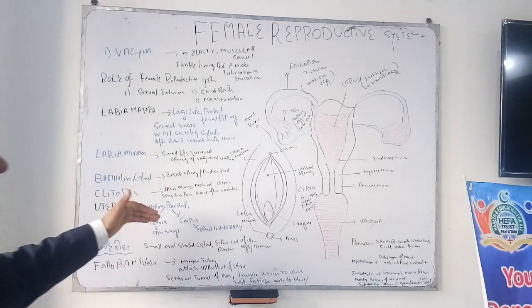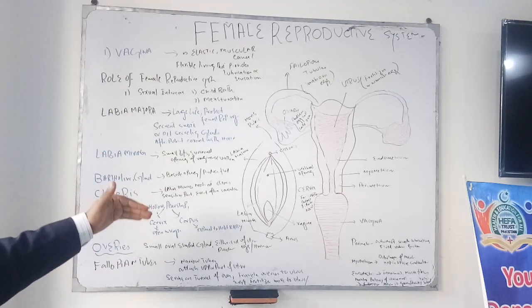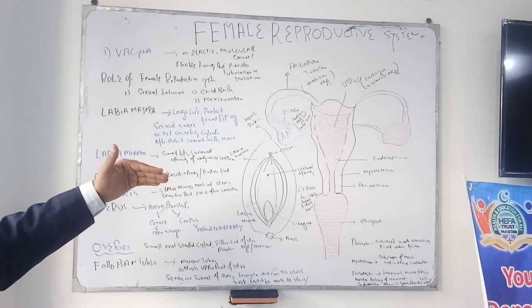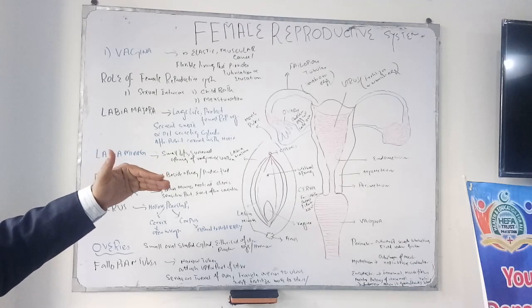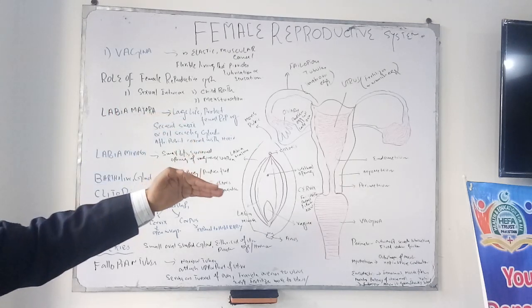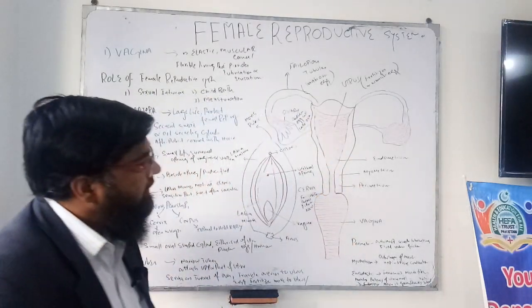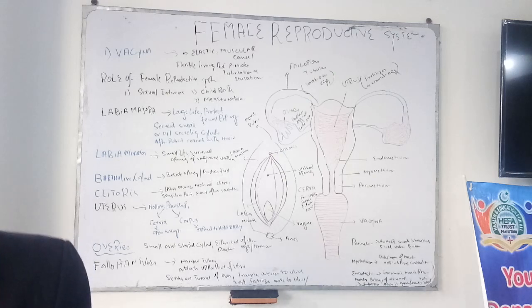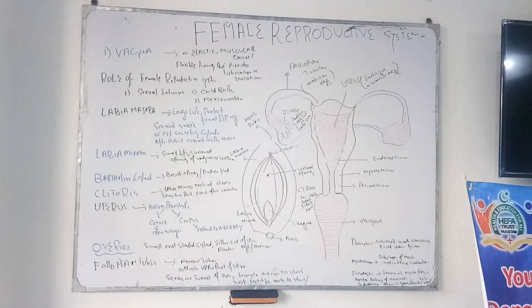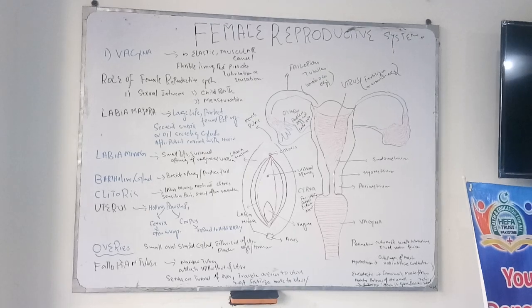After discussing the fallopian tubes, now we will discuss the three main layers. These main layers are called perimetrium, myometrium, and endometrium.